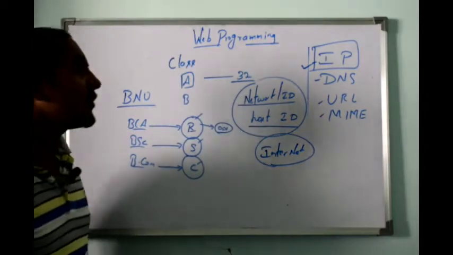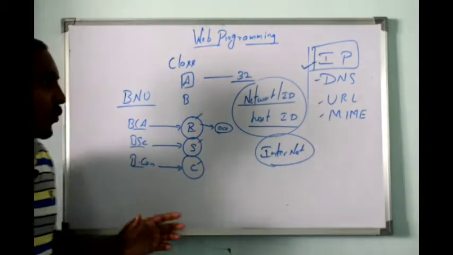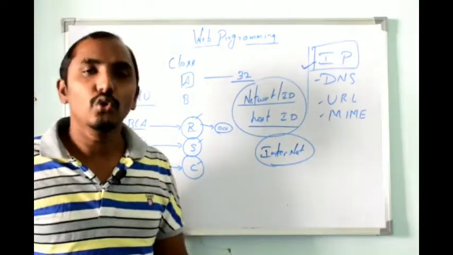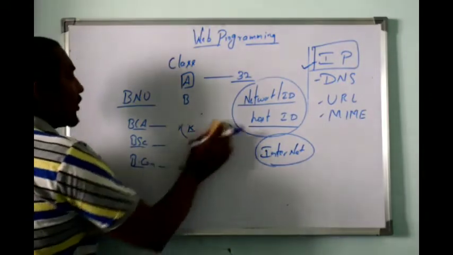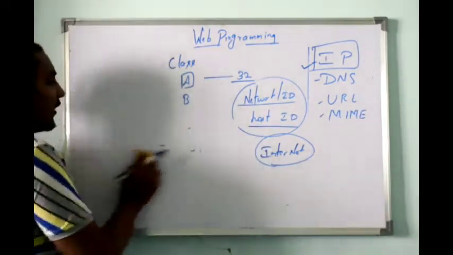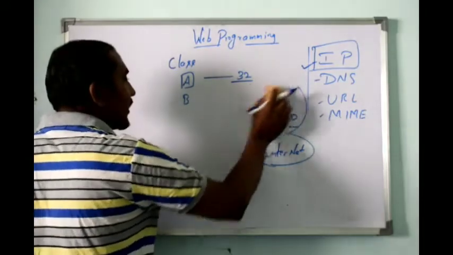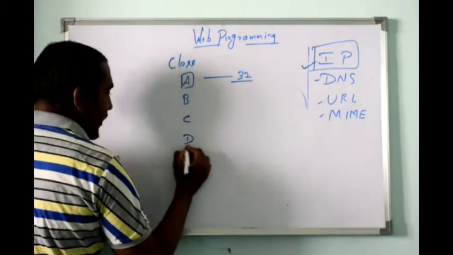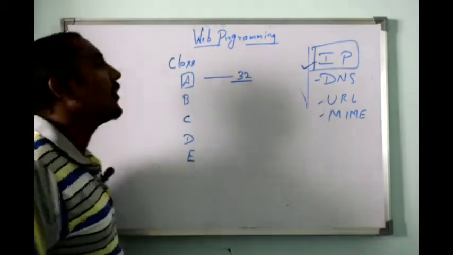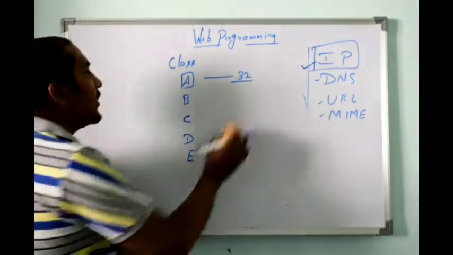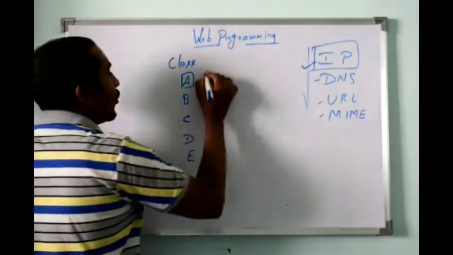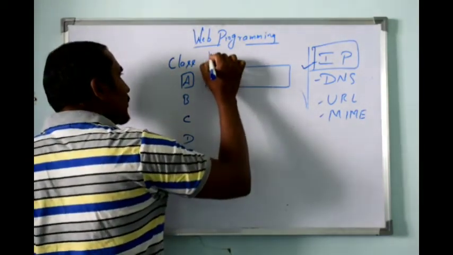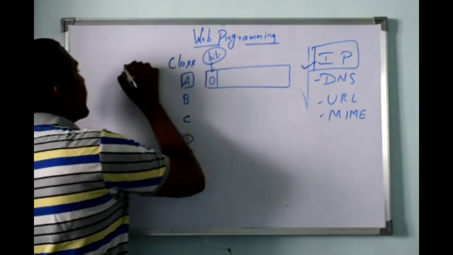Whenever you are constructing any network, we are going to divide that network address or IP address into two things: one is network ID, the other is host ID. And this network ID and host ID will again be divided into these classes: class A, class B, class C, class D and class E. In the first class, only the first bit is used to represent network ID.